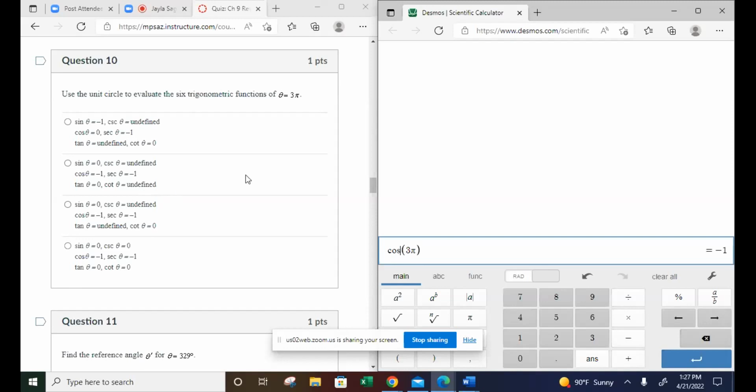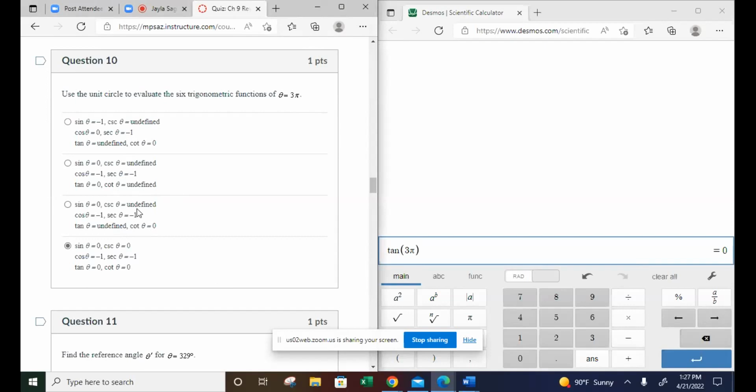It's either down to B or D. So when you look at B and D, which one is different?